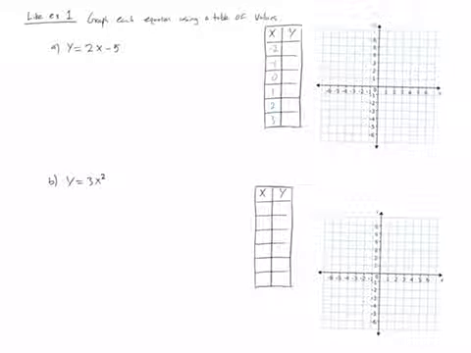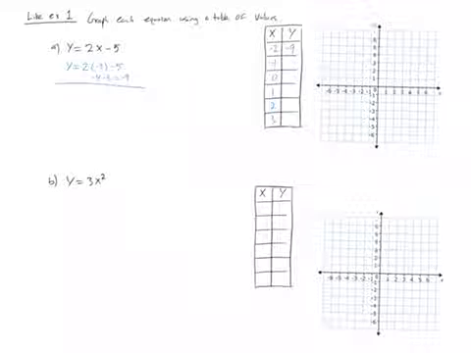To find the y values, we're going to say y is equal to 2 times -2 minus 5. 2 times -2 is -4, minus 5 is going to give me -9. So now I have a point -2, -9.